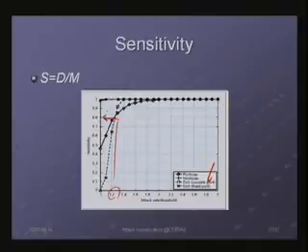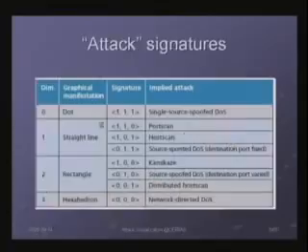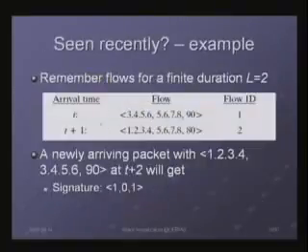And if you see, there are two types of attacks that do not have this problem. The source of this problem, the lower sensitivity, is in how we generate the signatures. If you look closely at this example, this packet has the port number 90.